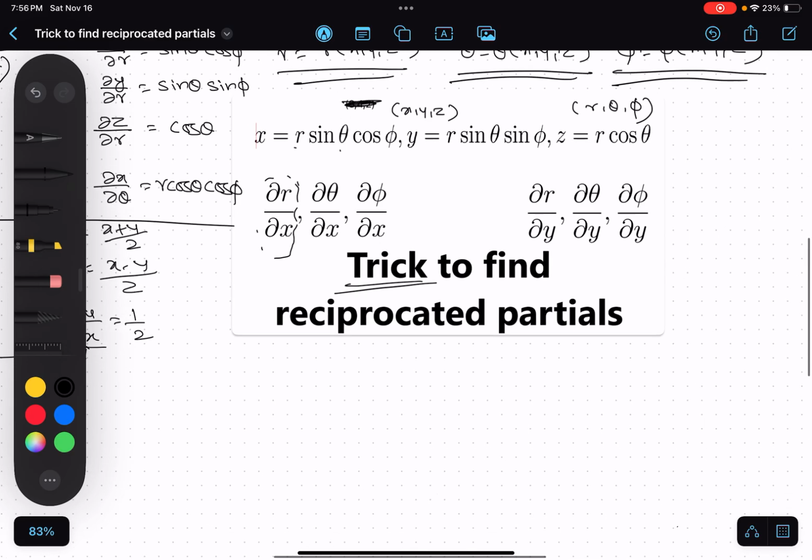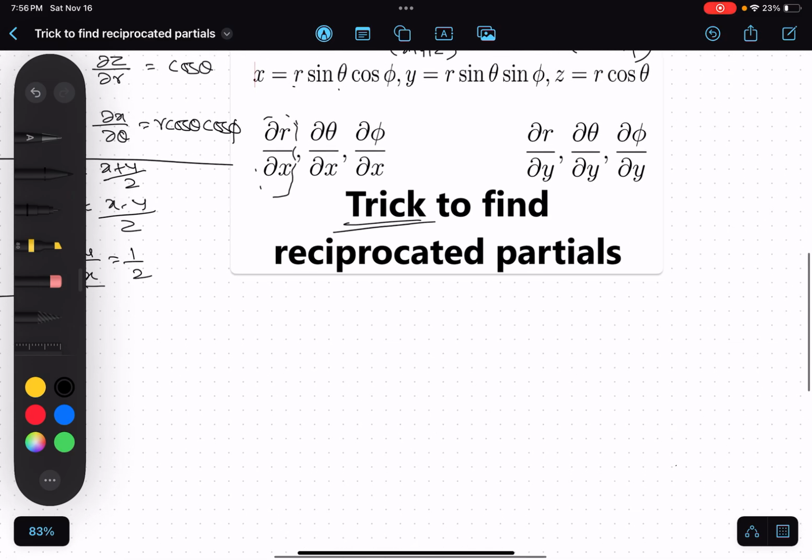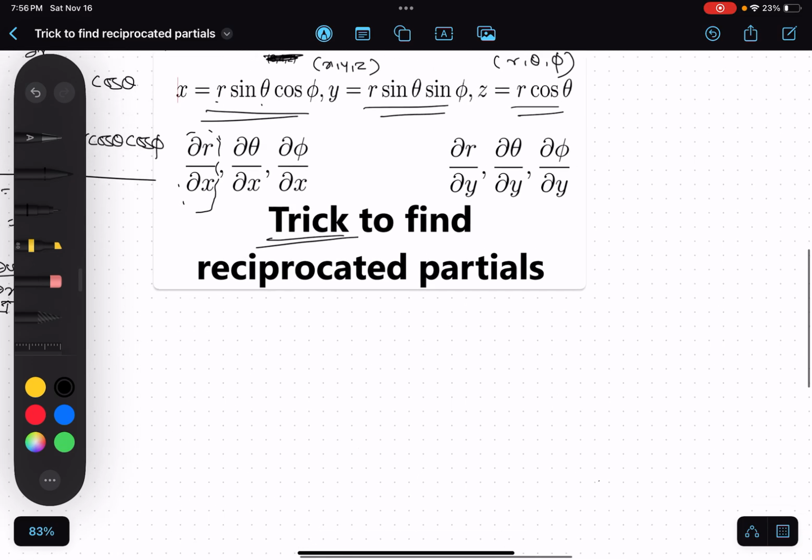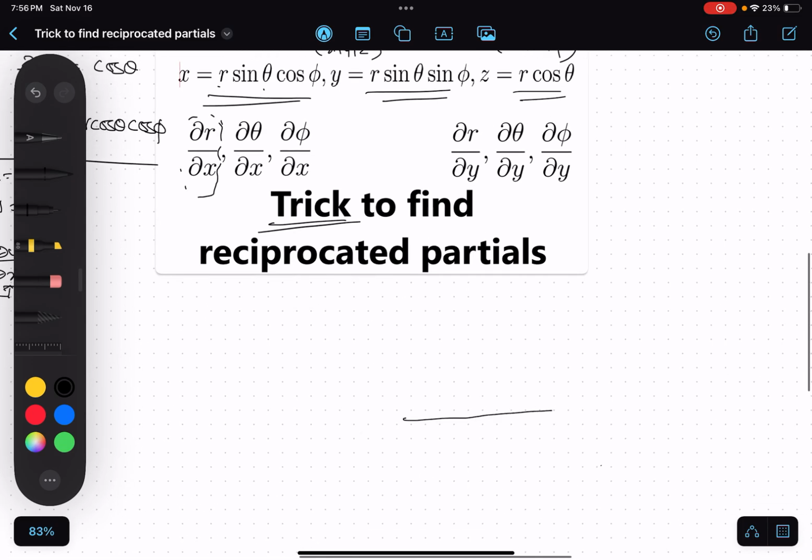To find that, first of all, you need to visualize these coordinates and how they are actually working. Okay, so let's say I have a coordinate system of x, y, z. This is x, this is y, this is z.